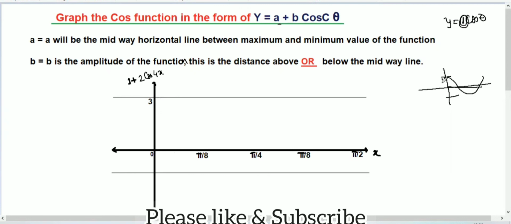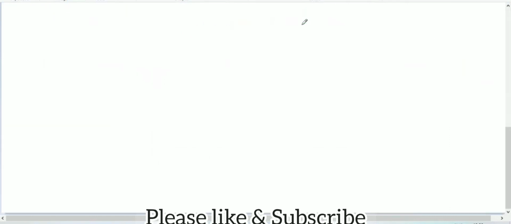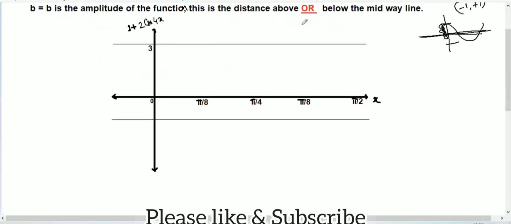So this horizontal line is the midway line, and this represents the amplitude. Here it is 1, so plus 1 and minus 1 is the range of the graph here. Now let's draw one question here, then you can understand.